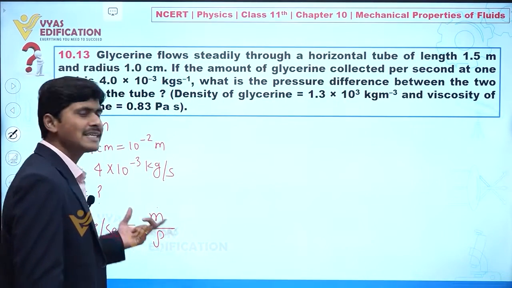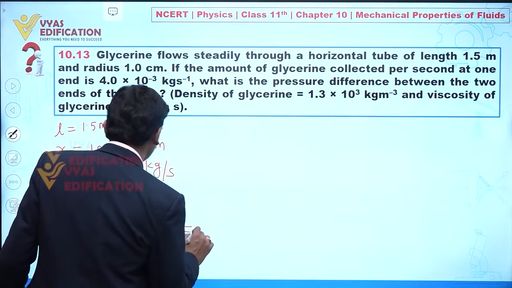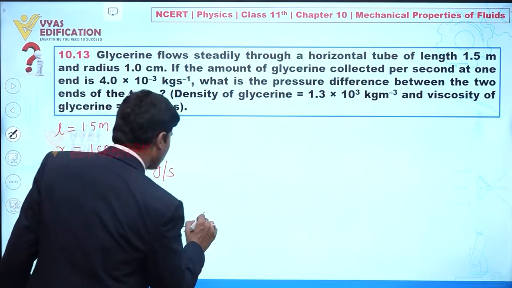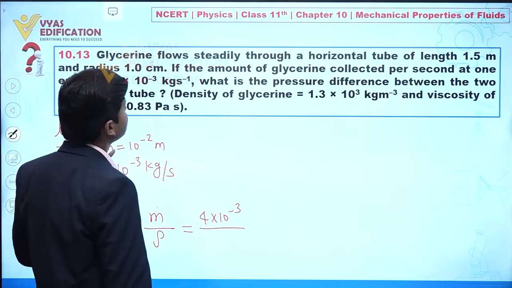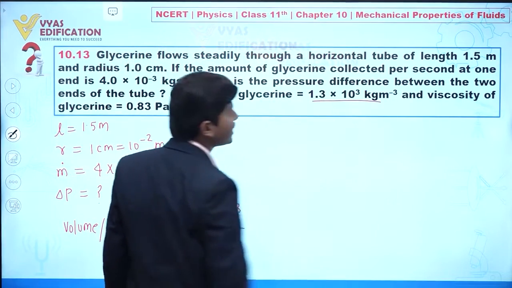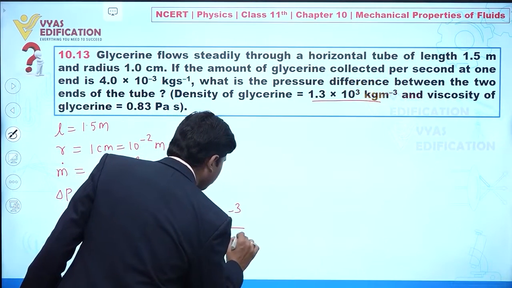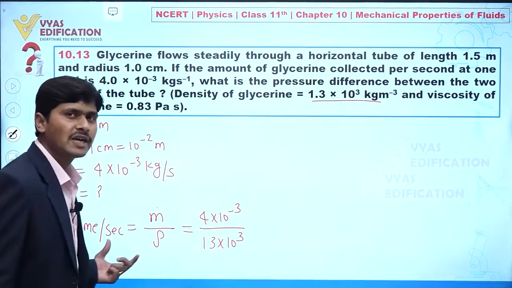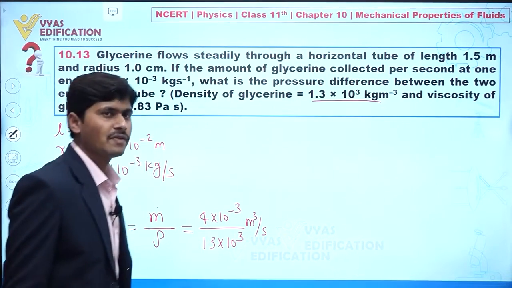So the value of m dot, given as 4 into 10 to the power minus 3, divided by the density. The density is given in the question as 1.3 into 10 to the power 3. Clear? And here we get the value in meter cube per second. Clear to everyone?